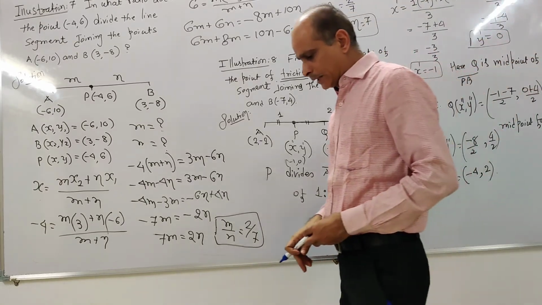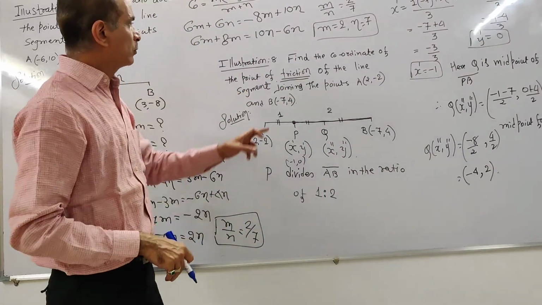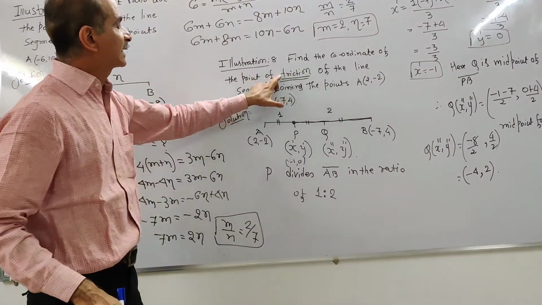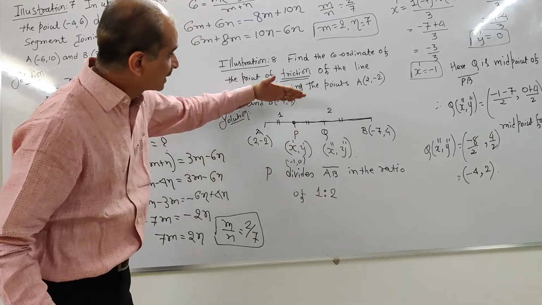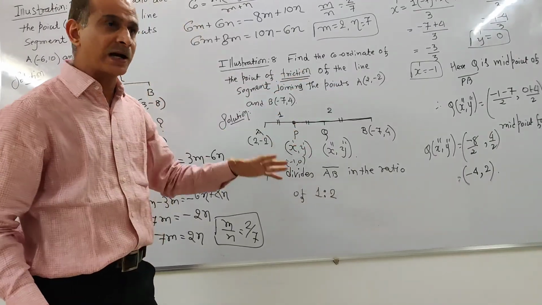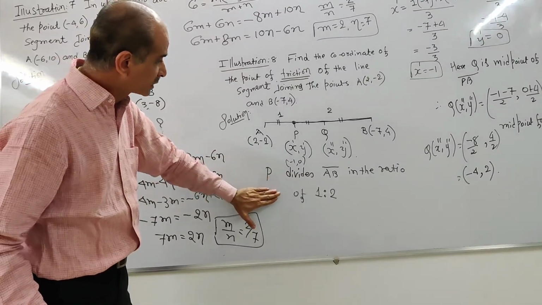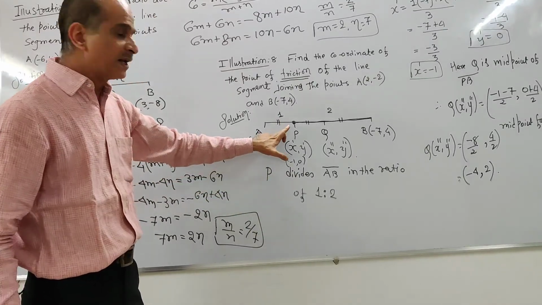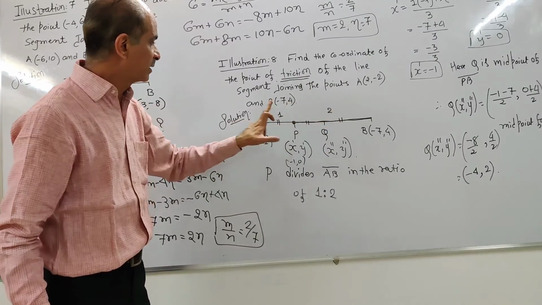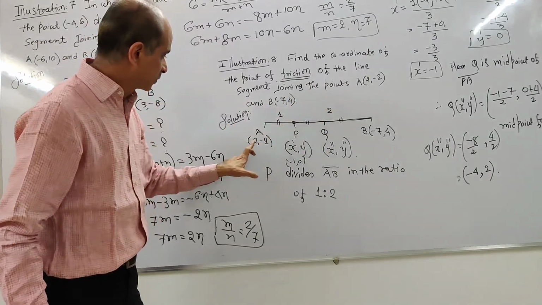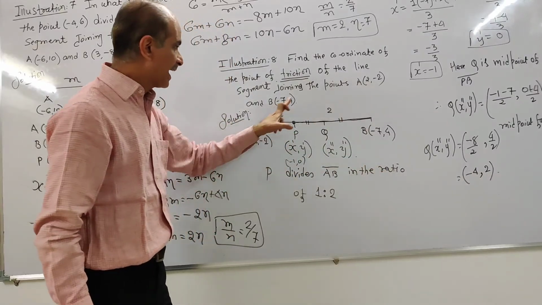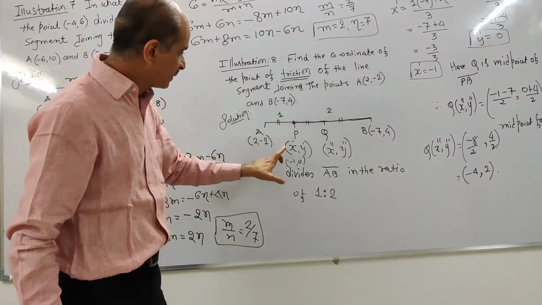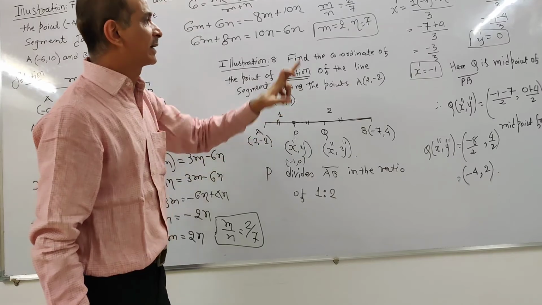So in illustration number 8, you have to find the points of trisection, meaning you have to find 2 points which divide a line segment into 3 equal parts. First of all, you use the section formula. P divides line segment AB in the ratio of 1:2. So this is x1, y1, this one is x2, y2, and m and n are 1 and 2. So you can easily find x' and y'.